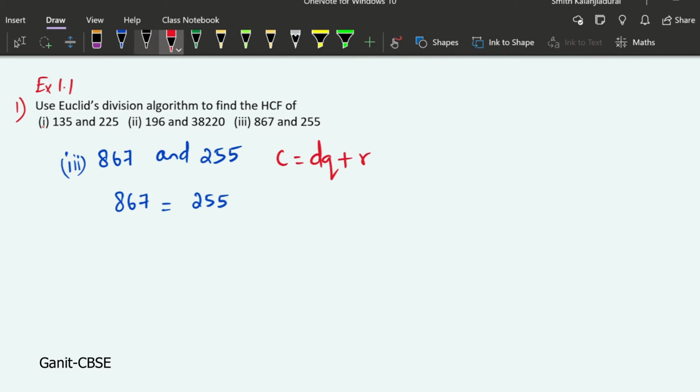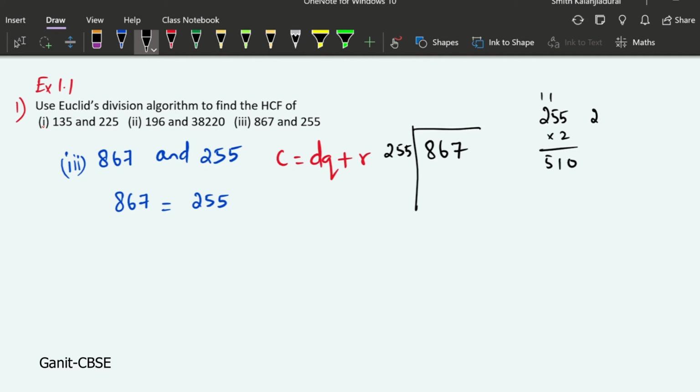Again, long division. 867 divided by 255. 255 times 2 will be 510. 255 times 3 is 765.